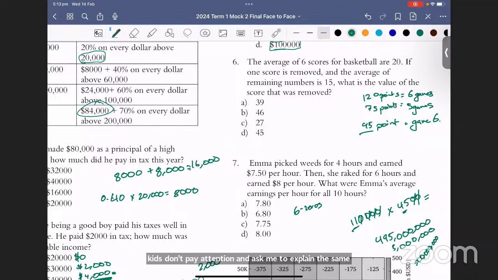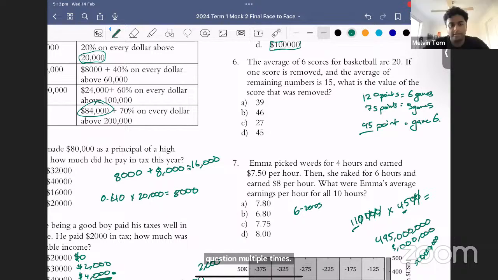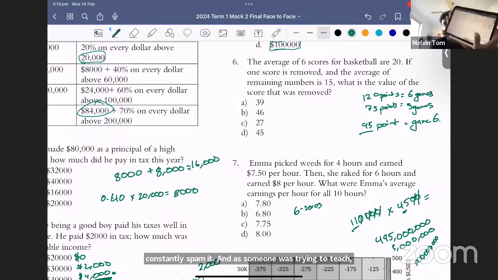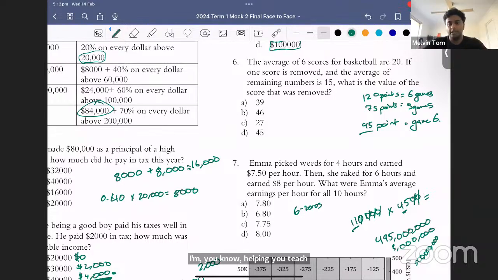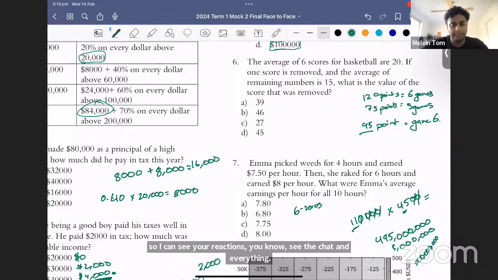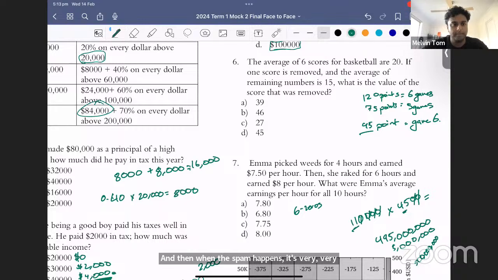Another thing is you guys spam the chat, constantly. As someone who's trying to teach, it's very distracting because I have my iPad here where I'm helping you teach, and in front of me is where I'm looking at you guys so I can see your reactions, see the chat and everything. When the spam happens, it's very hard to focus, right? I'm multitasking.